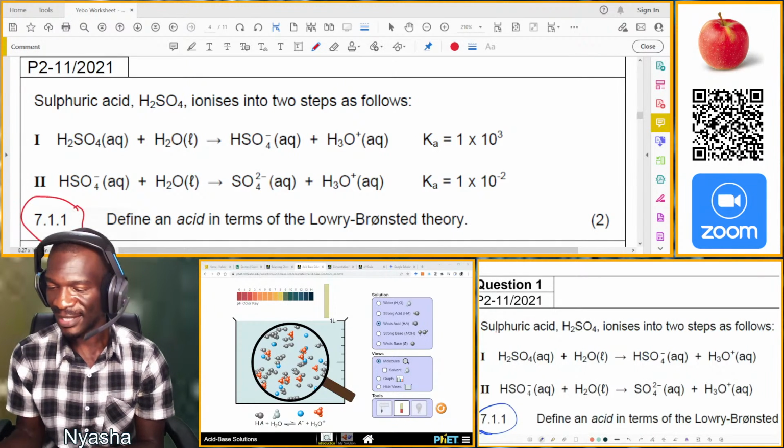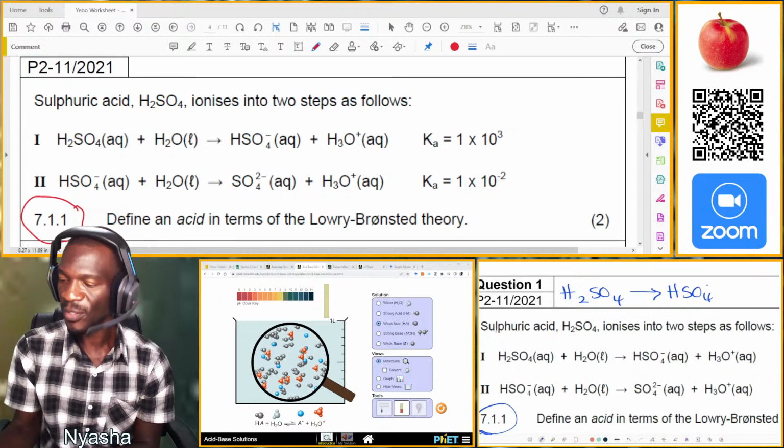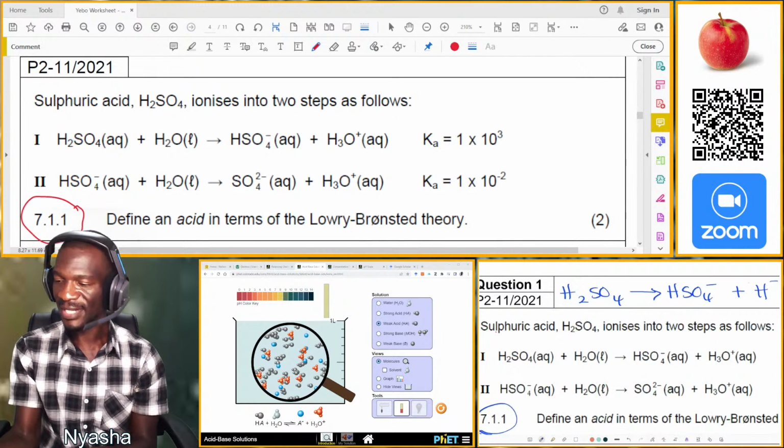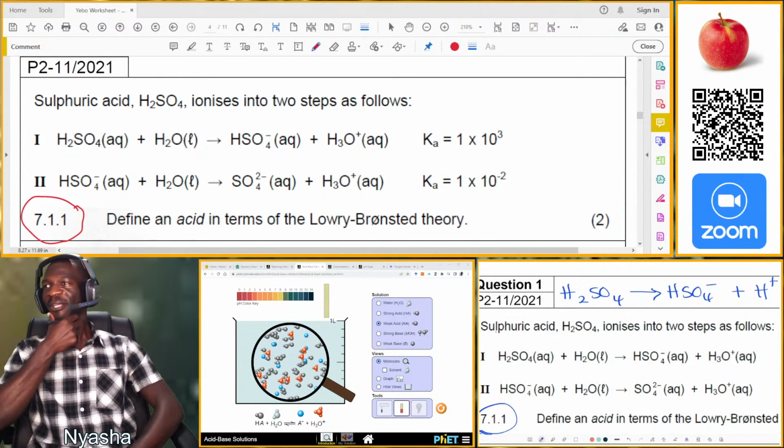So for the H2SO4 species to dissociate to HSO4, we must have lost one hydrogen ion, right?